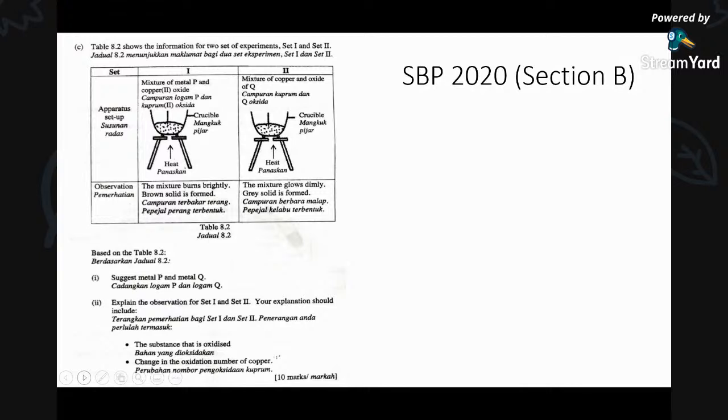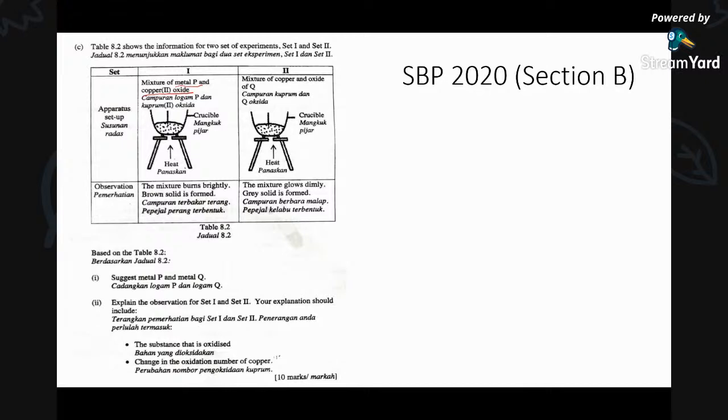Okay, this is the information for 2 sets of experiments, set 1 and also set 2. So you have mixture of metal P and copper 2 oxide.